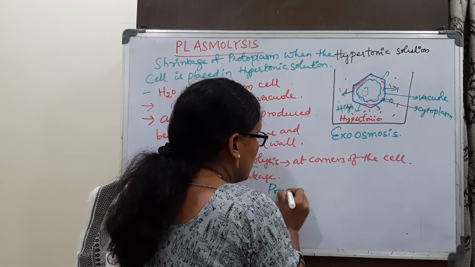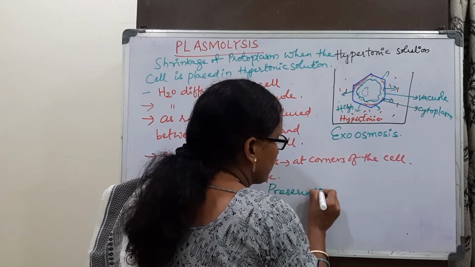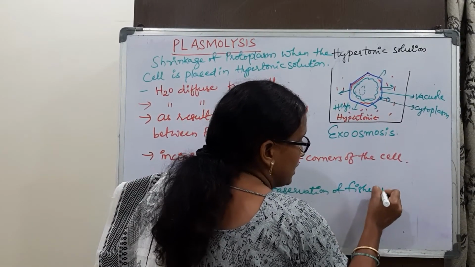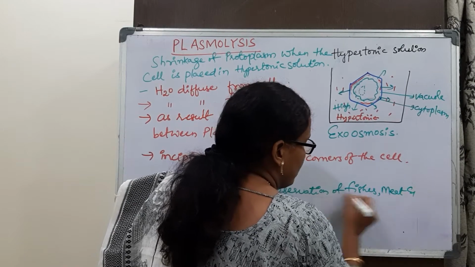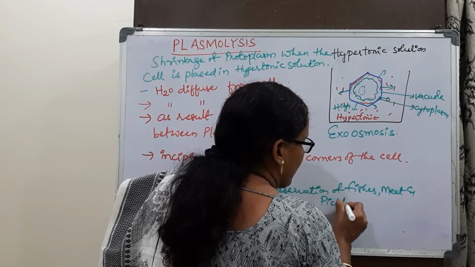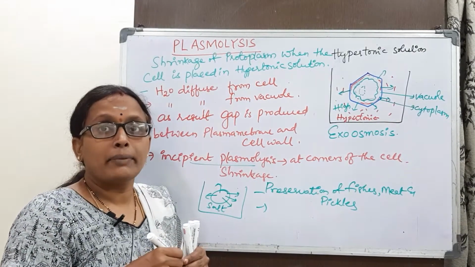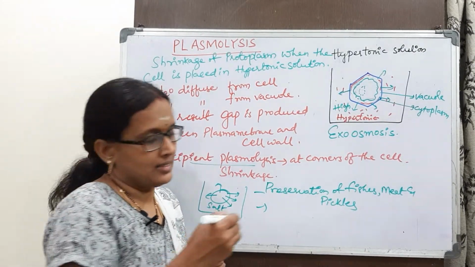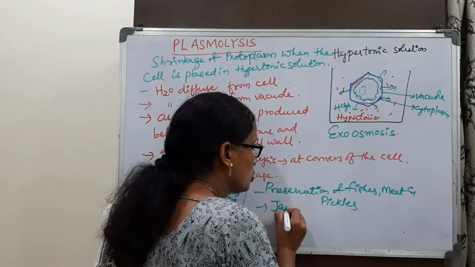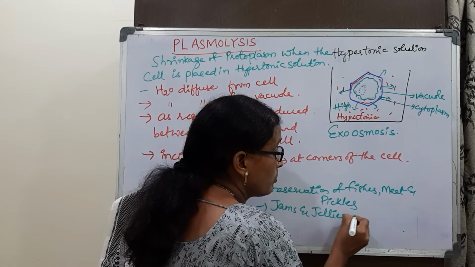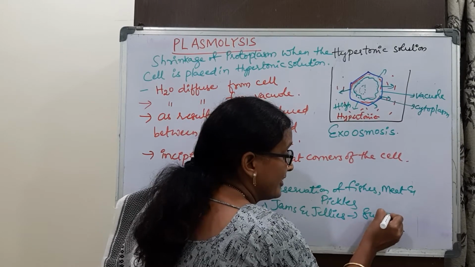It is used in preservation of fish, meat and pickles. It is also observed when we want to preserve jams and jellies. Jams and jellies are preserved by adding more sugar content.